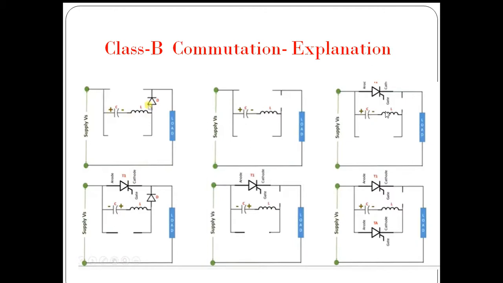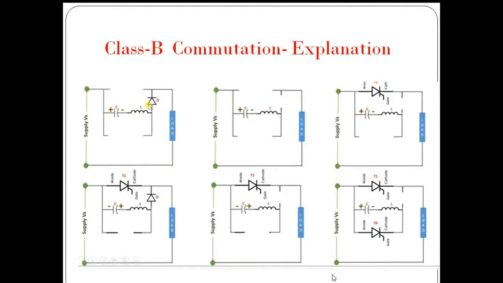Capacitor is fully charged. At the instant when we want to turn off the thyristor T1, for that we need to turn on auxiliary thyristor TA. When we are turning on auxiliary thyristor TA, the capacitor will be discharged and it will be charging with the opposite polarity due to the resonating LC circuit.